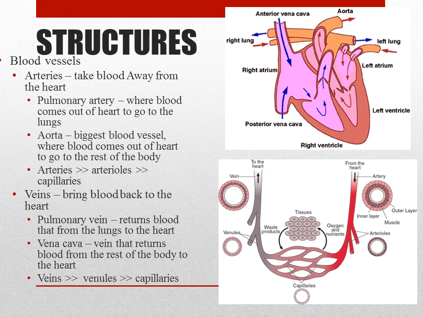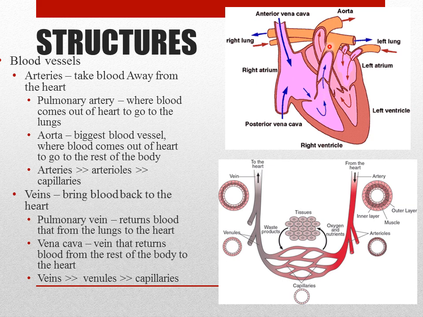If we look at our diagram, there are 2 places where blood goes away from the heart. These are the two big arteries. The aorta is going out to the rest of the body tissues. That goes from the left ventricle out to the rest of the body tissues. The other place that blood goes out of the heart is out the right ventricle.